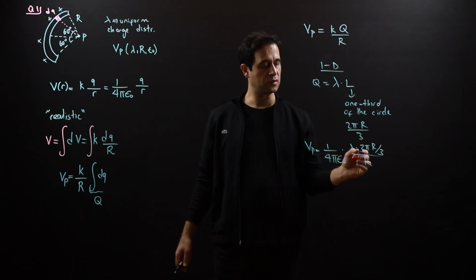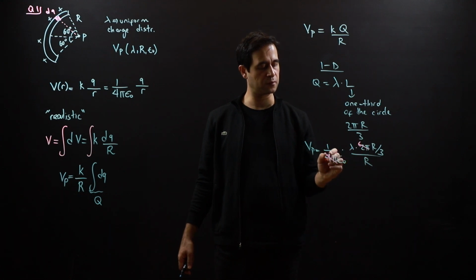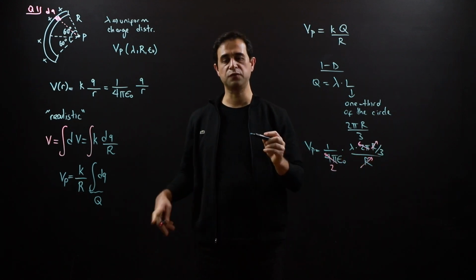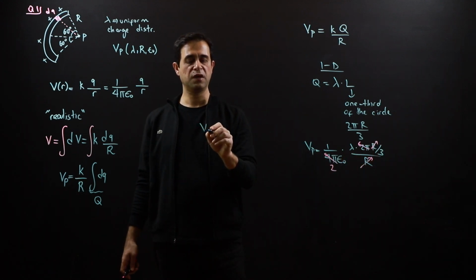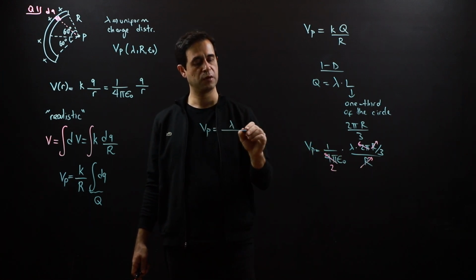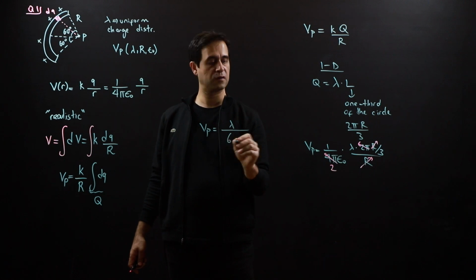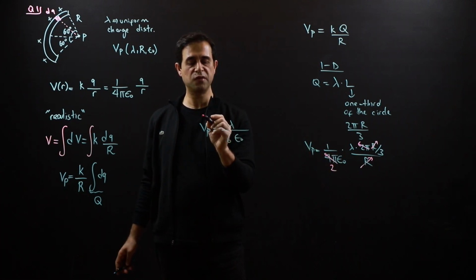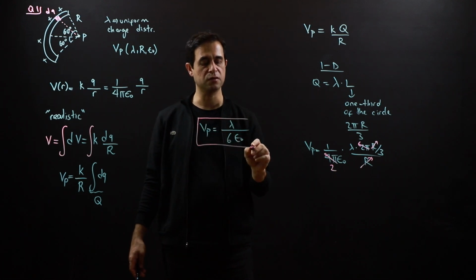The 2 pi gets canceled by the 4 pi here, and I get 2 here. And r gets canceled with the other r. All I'm left with is the following. V at point P is equal to lambda on top; 2 times 3 is 6, and I only have epsilon 0 here. So we get a very simple expression at the end.